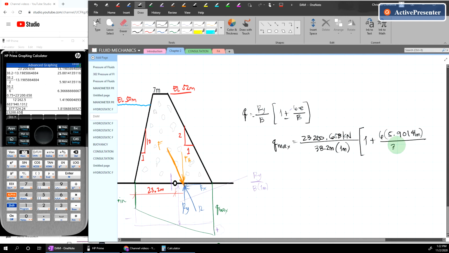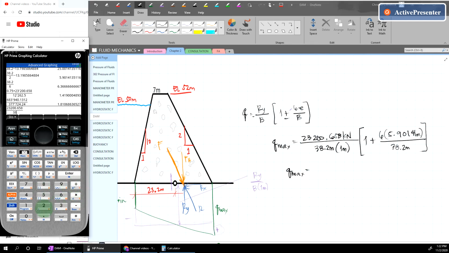So, which is 38.2. So, we can solve for Q max 23,200.658 divided by 38.2, then multiplied by 1 plus 6E. Ang E natin is itong 5.9, then divided by 38.2.